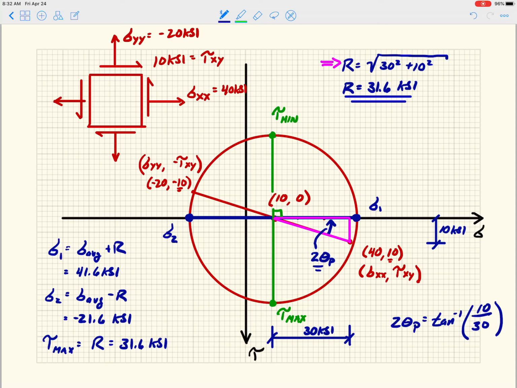I think the big takeaways here are that a principal stress is a stress on a face when there is no shear stress. Any state of stress that I give you will always have 2 perpendicular directions that are free from shear stress. And you see that right here.